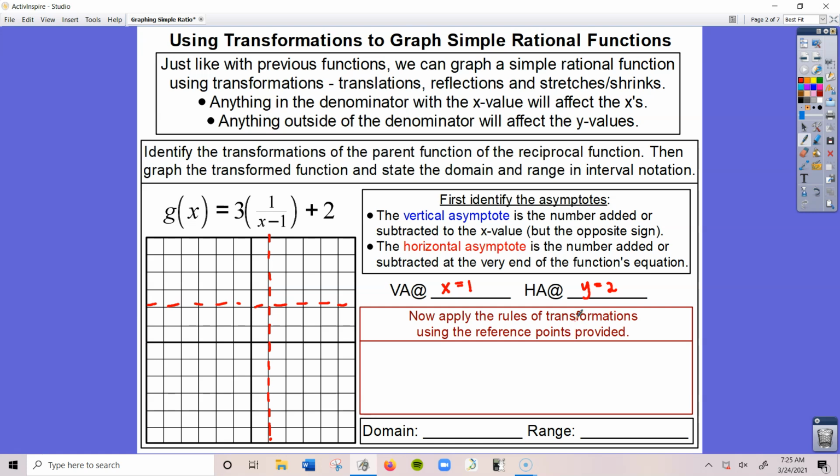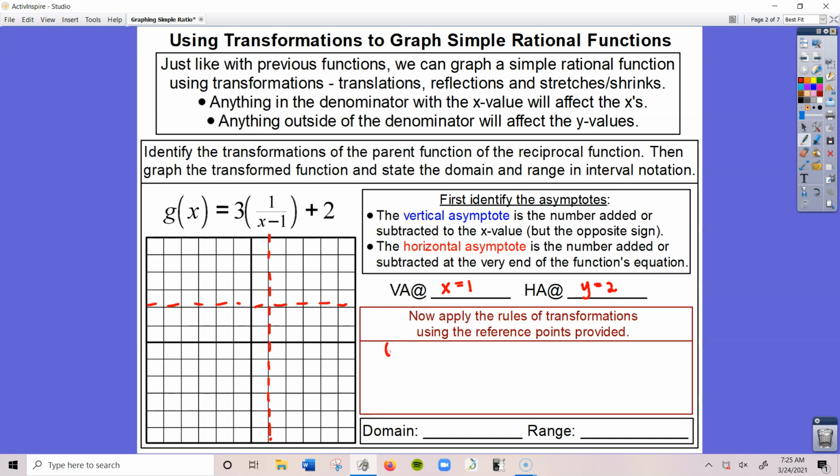Now we're going to apply our rules of transformations, keeping in mind that anything that is outside of the parentheses affects the y, and anything that is written in the denominator, since that's where the x is, affects the x. Anything outside that affects the y stays the same operation, but anything that is inside with the x will do the opposite.